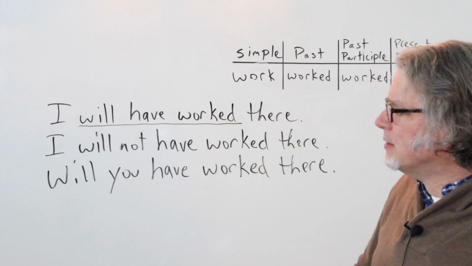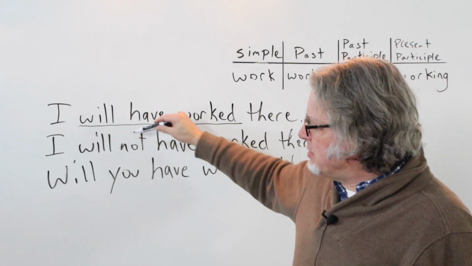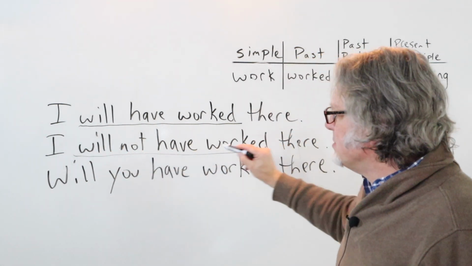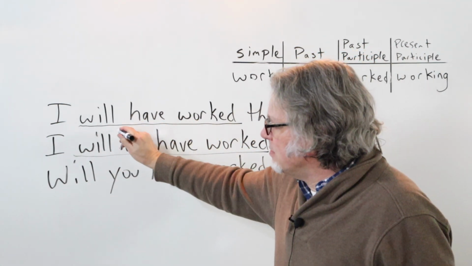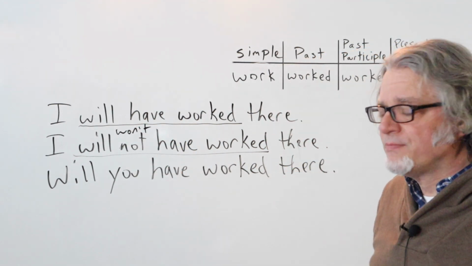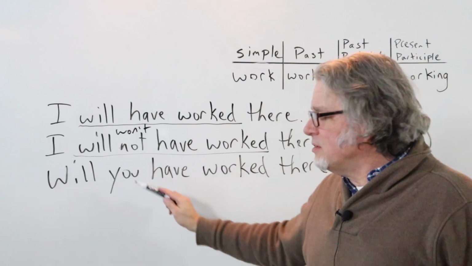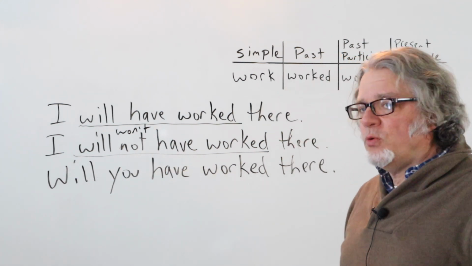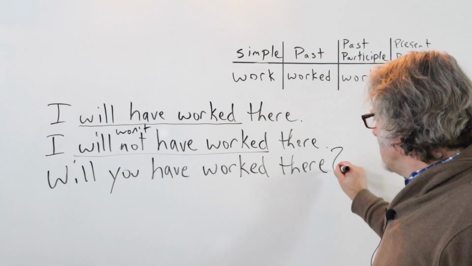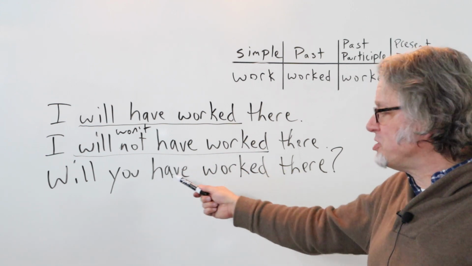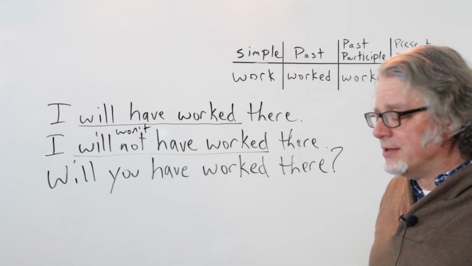To make the negative, put not after will. Will not have worked. And you can, of course, contract will and not to won't. And in the question, we can change the subject to you. Will you have worked there? Of course, you would have additional information in a question like this.